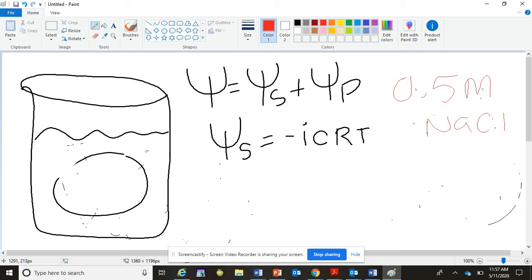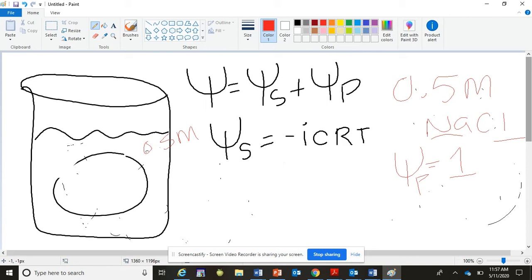They give us that there's a concentration of 0.5 molar NaCl that the cell is surrounded in, and let's say they tell us the pressure potential is 1. So the solution surrounding the cell is 0.5 molar sodium chloride, and the pressure potential is 1.